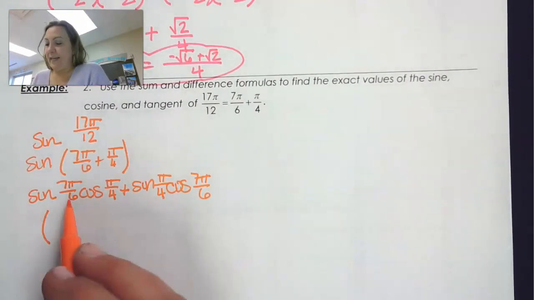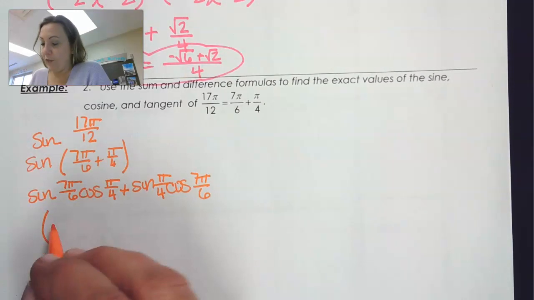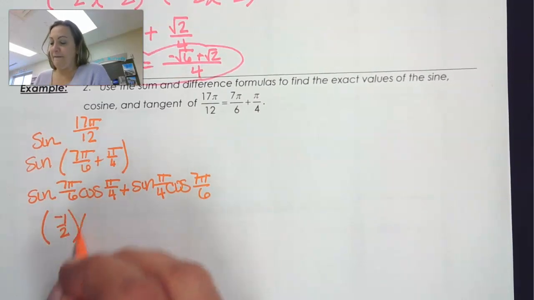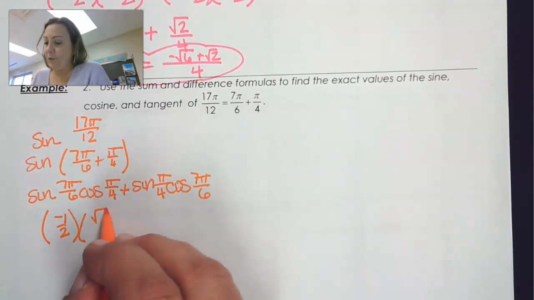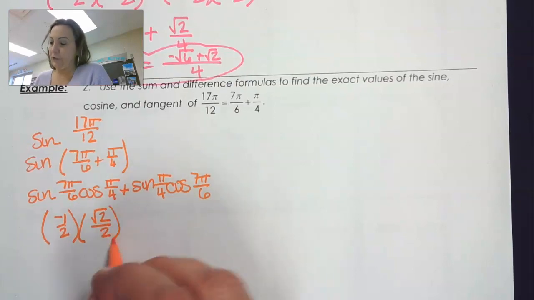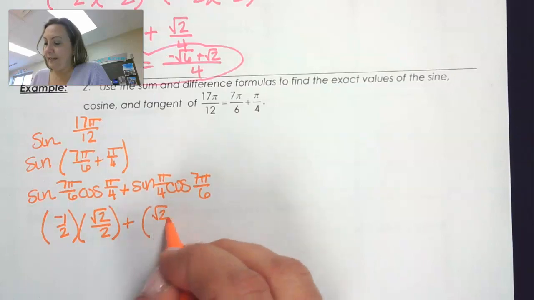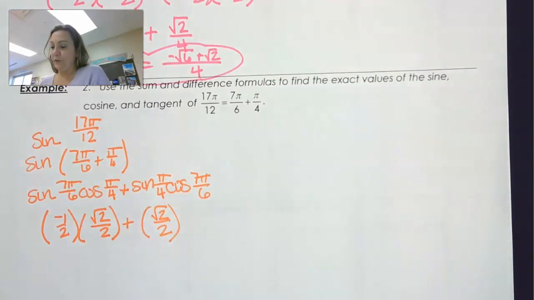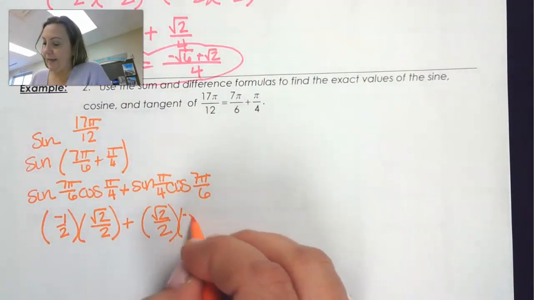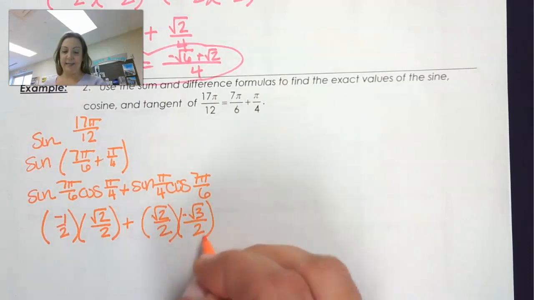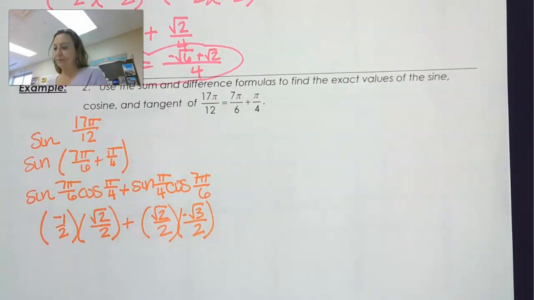So the sine of 7 pi 6, that's in quadrant 3, so that's negative 1/2. Pi fourths is in quadrant 1, so the cosine is positive root 2 over 2. Sine of pi fourths, again, is positive root 2 over 2. And cosine of 7 pi 6 in quadrant 3 will be negative root 3 over 2.